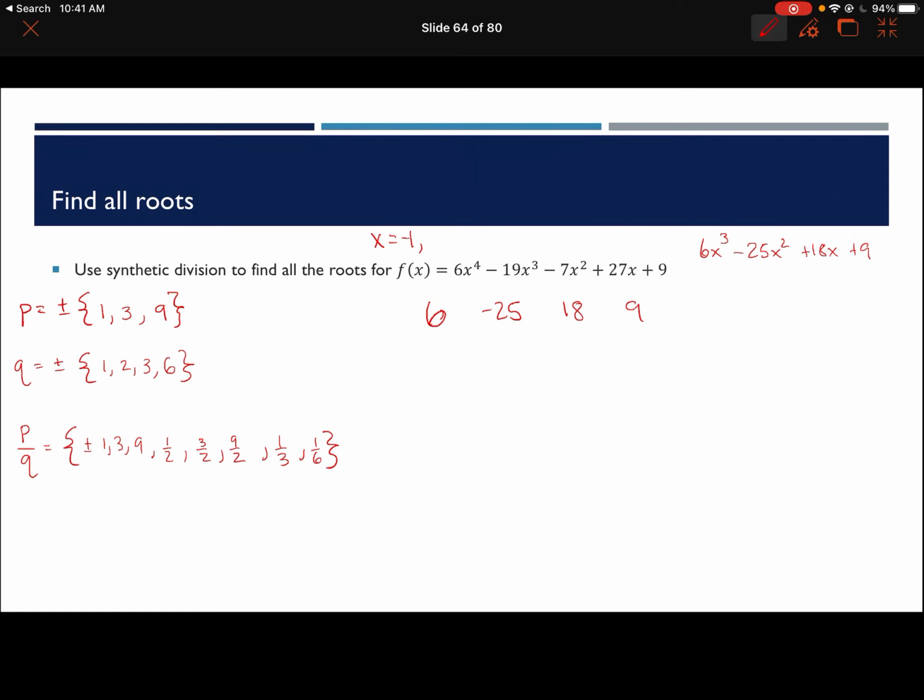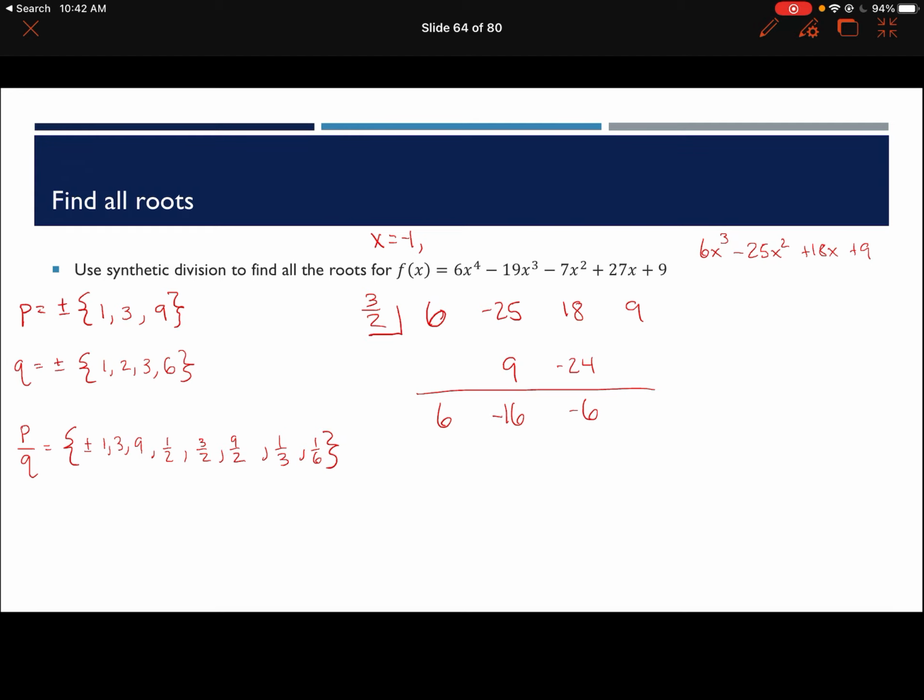And that means we need to move ahead to some other value. Let's try 3 halves instead. So we bring down 6. 3 halves times 6 is 18 divided by 2, which is 9. -25 plus 9 is -16. 3 halves times -16 is -24. 18 minus 24 is -6.